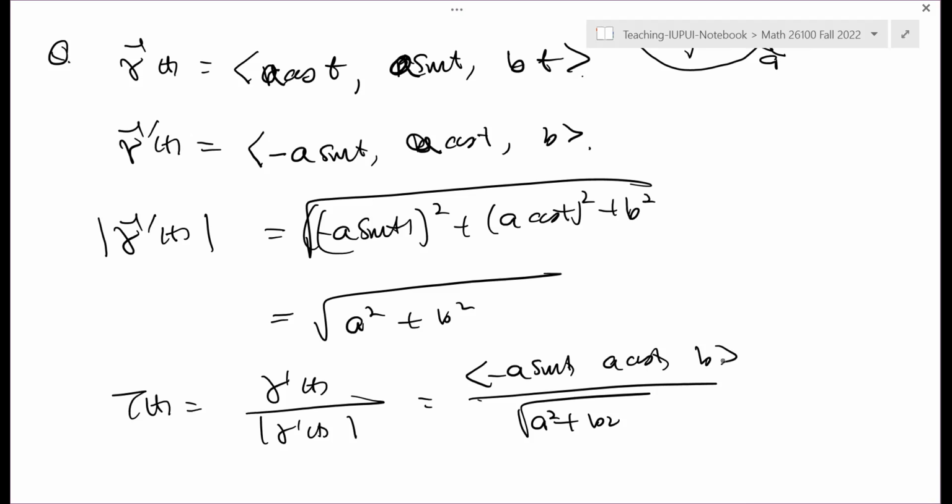Because it's a unit, if we do not reparameterize this parameter, this is not going to be unit, right?